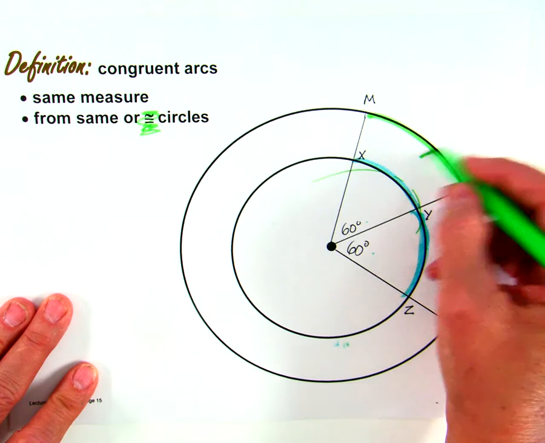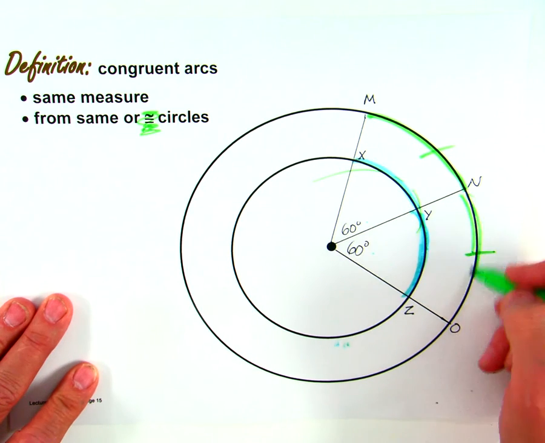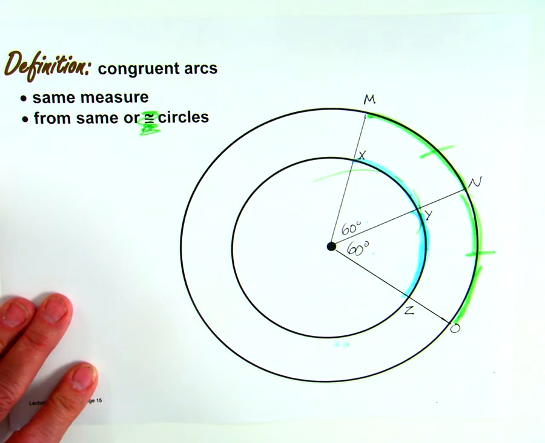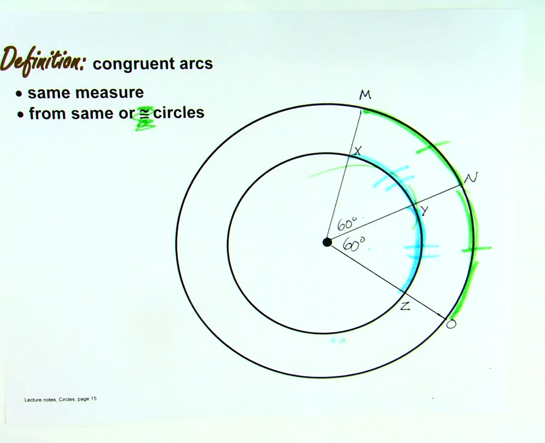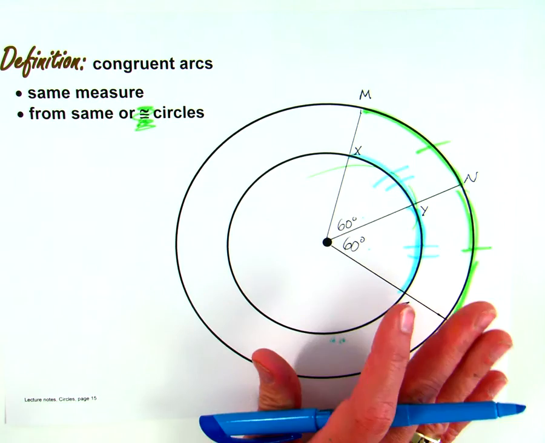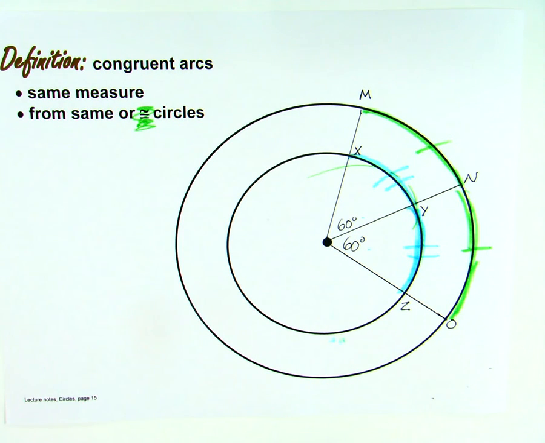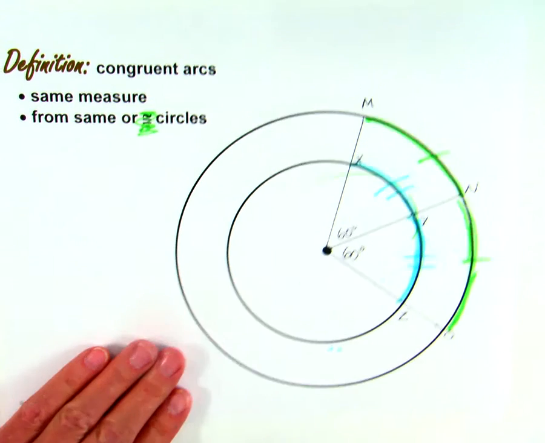MN is congruent to NO, but all four of these arcs are the same measure, but they are not all congruent. Only the ones in the same circles are. If they were congruent circles, same deal, they would be congruent. I said that wrong.